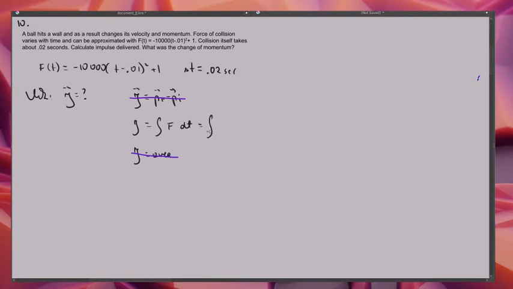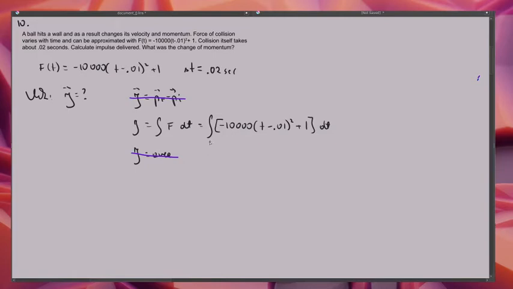So we have to take the antiderivative of this function, -10,000 (t - 0.01)² plus 1. Now this whole collision took place during a certain specific time, and that time interval is 0.02 seconds.